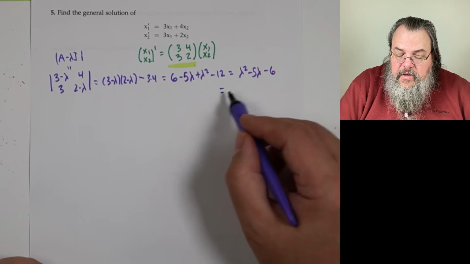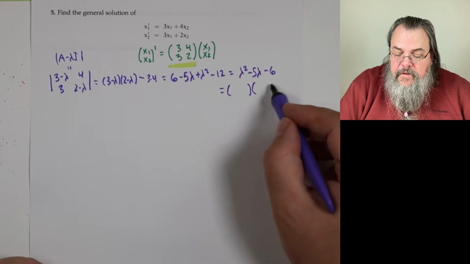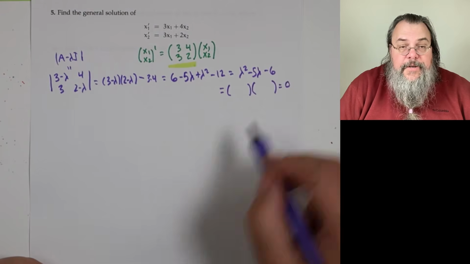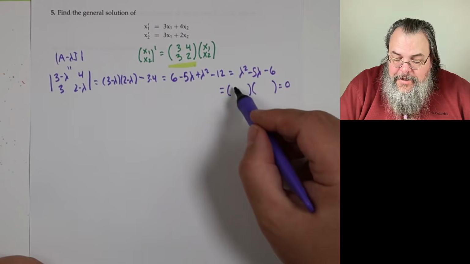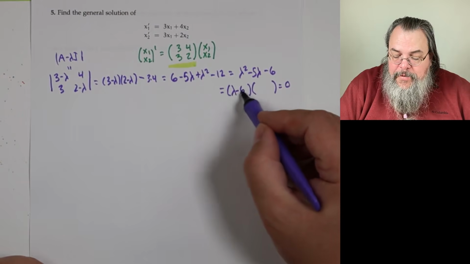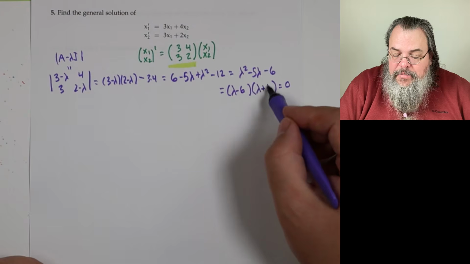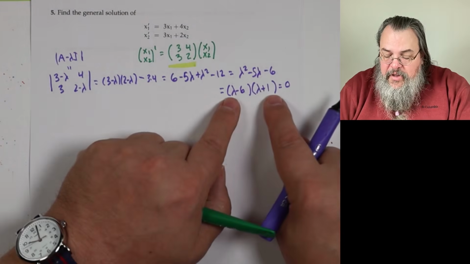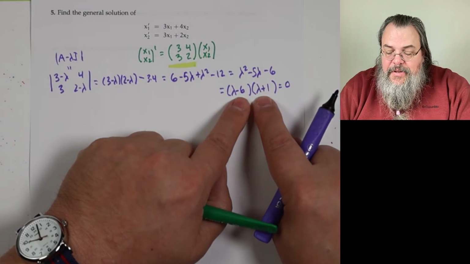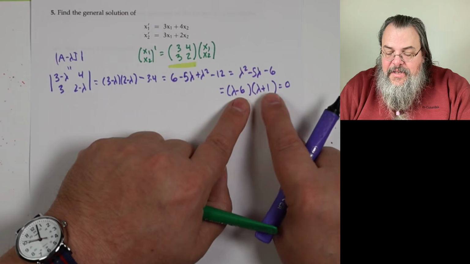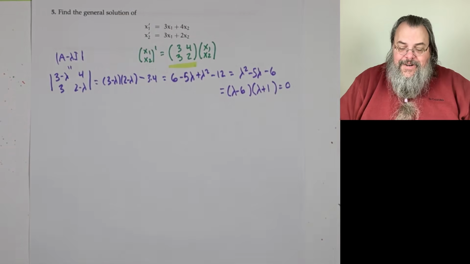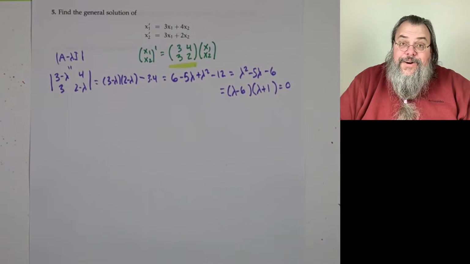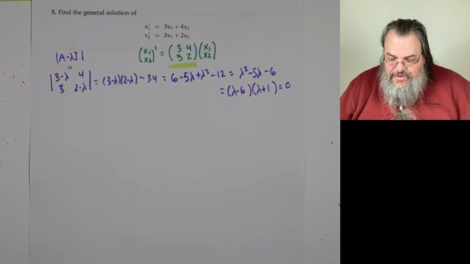If we lived a good, clean algebra life, this should factor. Well, it does: (lambda minus 6)(lambda plus 1). Lambda squared plus lambda, minus 6 lambda, and then minus 6. All right, now, these are distinct roots.